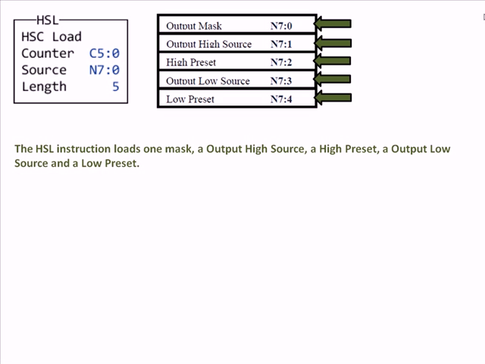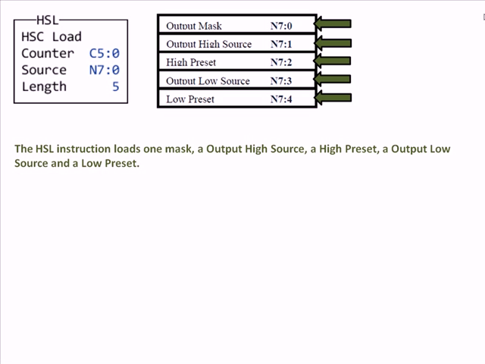If the high preset is matched by the accumulate, then the output high source bit pattern is transferred to the lower byte of word 0 of the output file. Whether or not the high source bit pattern reaches the actual outputs is determined by the bit pattern of the mask.